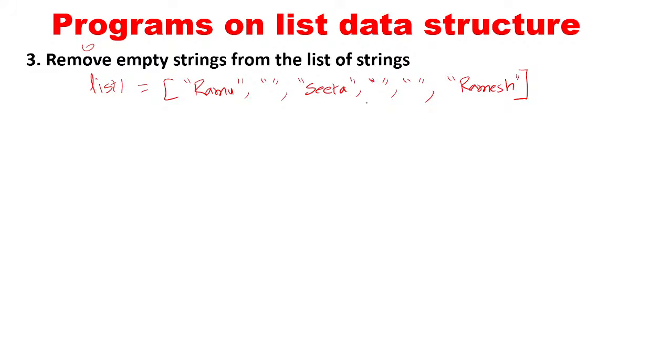Assume that this is our list of strings containing empty strings. Now you want to remove all such empty strings from this list. Okay, so how do you create a new list containing only proper strings?